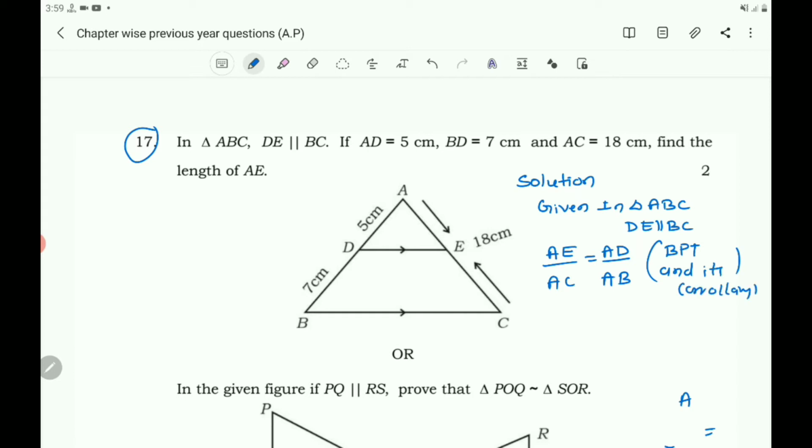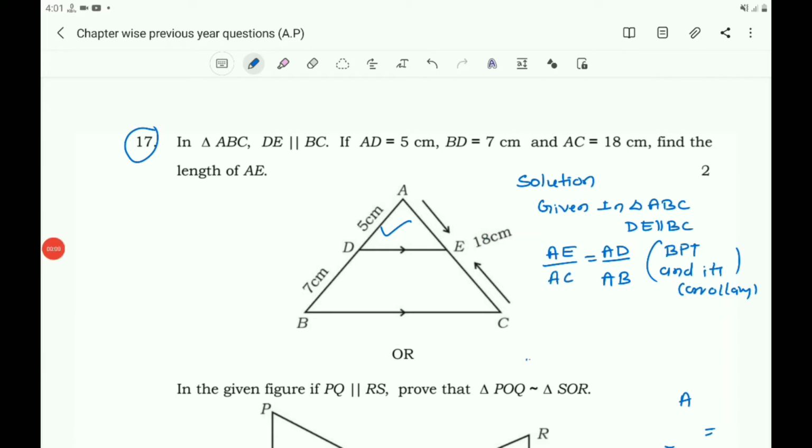The statement is not given in your textbook, but here by taking the reciprocal of AD by DB equals AE by EC, that is Thales theorem, and by adding 1 to both the LHS and RHS, you will get this relation, that is AD by this whole AB equals AE by this whole AC. Because AE is required, here AC is given, therefore it is necessary to use that relation.